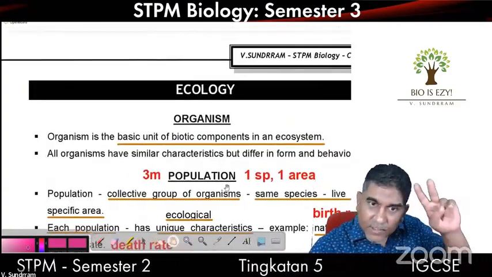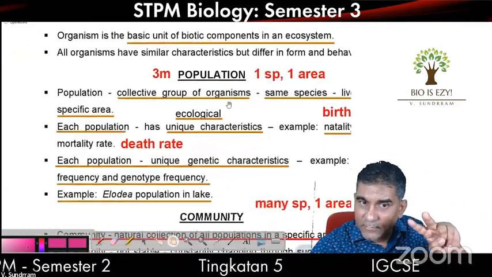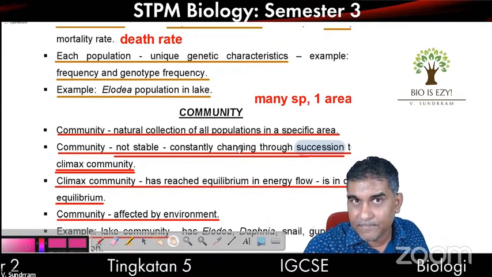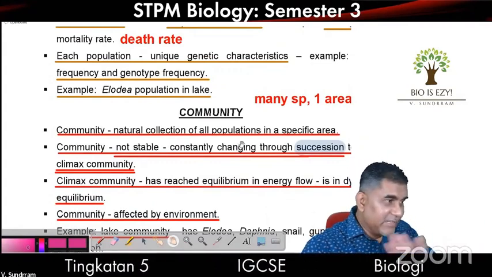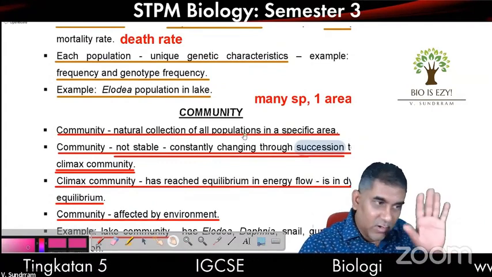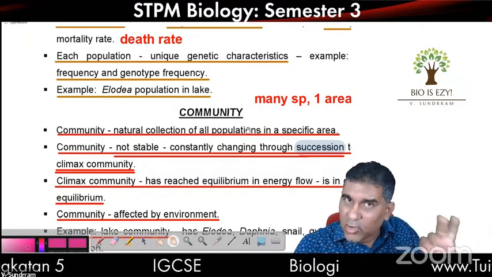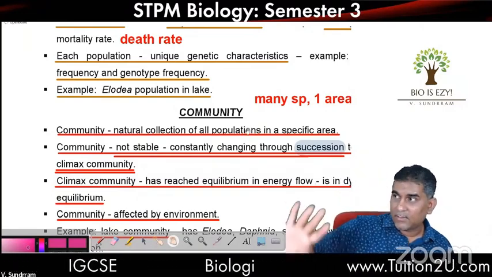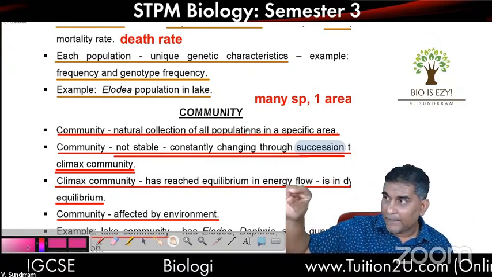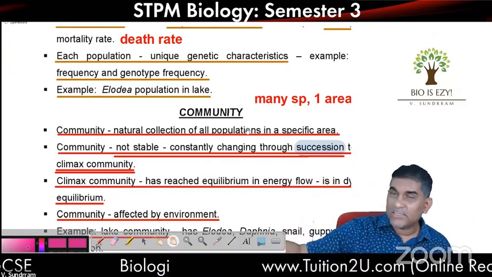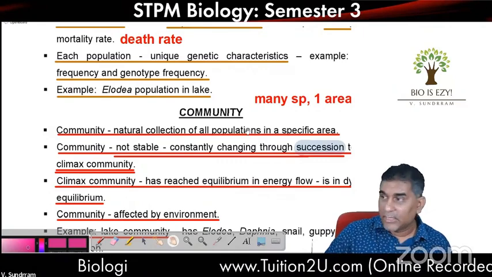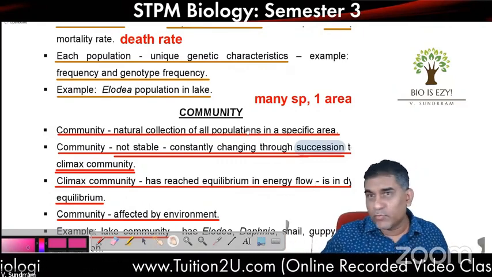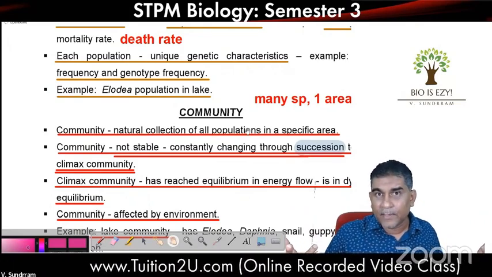species, population, community is all about living organisms. We didn't mention anything about non-living. Everything, species, population, community, we only mention living organisms. Population: many organisms, same species, one area. Community: many populations, one area, interact to form a stable community.